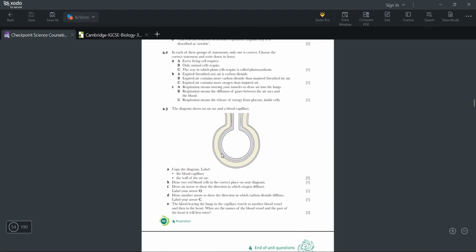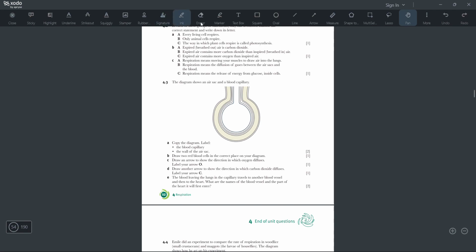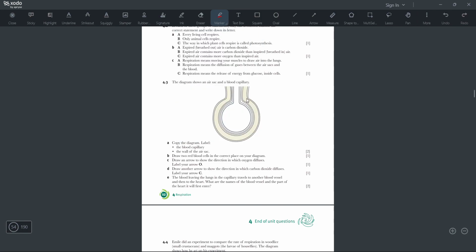C. The diagram shows an air sac and a blood capillary. Copy the diagram and label the blood capillary and the wall of the air sac. So let me just draw this while we're doing this. I'm not going to write it out, but just follow what I'm pointing at and what I'm saying. This is your blood capillary, this yellow vein thing, and then the wall of your air sac is over here.